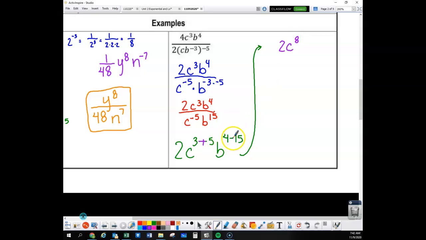And then 4 minus 15. Negative 11, yeah. b raised to the power of negative 11. And so then my final answer would be, all I have to do is move that b to the negative 11 to the bottom. So 2 times c to the power of 8 divided by b raised to the power of 11. And that would be my answer.